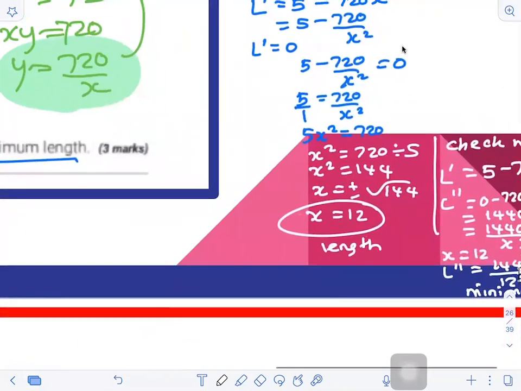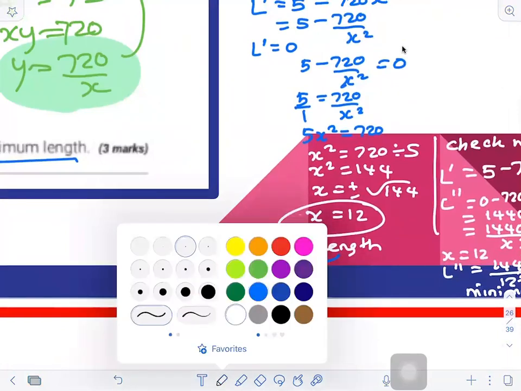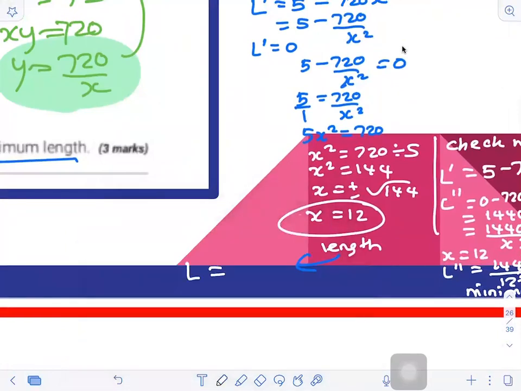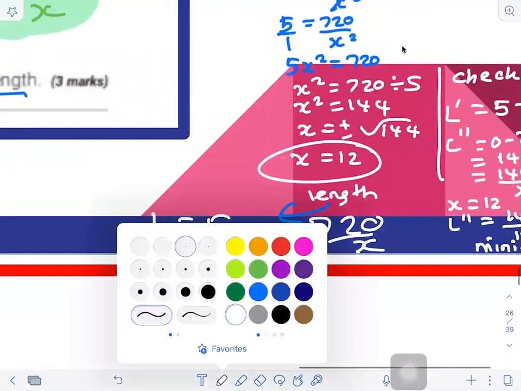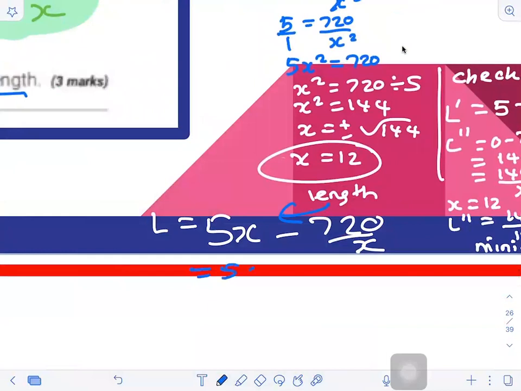So x equals 12 isn't actually a length, that's when it occurs. So I'm then going to have to put it into the length formula. So the length formula is what? 5x minus 720 on x. So that means that's going to be 5 times 12 minus 720 on 12, 60 minus 720 on 12.